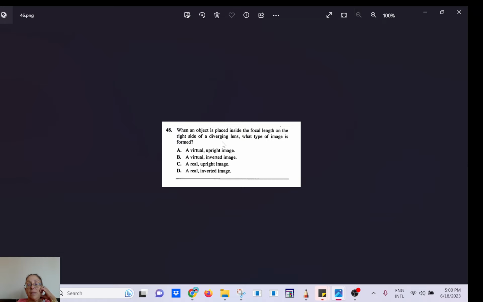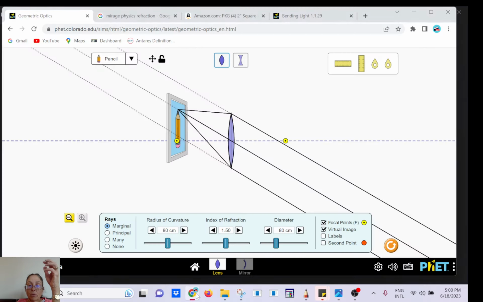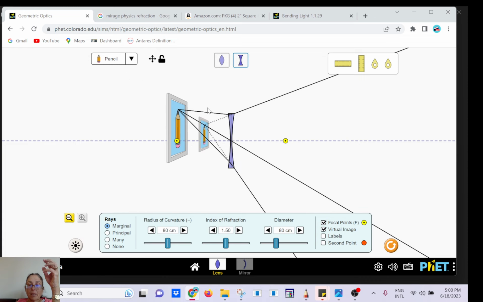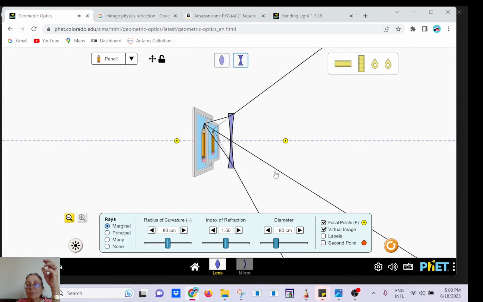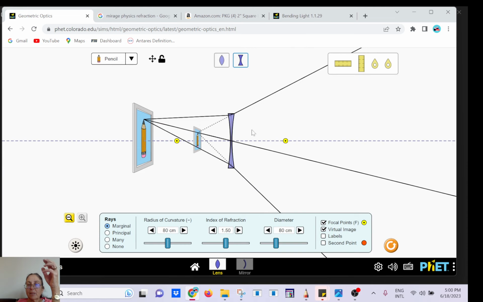Again, nothing to do with the setup. Now they're telling you about a diverging lens. What's happening if you place the object on the other side? It doesn't really matter, right? If you put the object here, you still get a virtual image on that side. The image will be virtual, obviously, smaller, and upright.